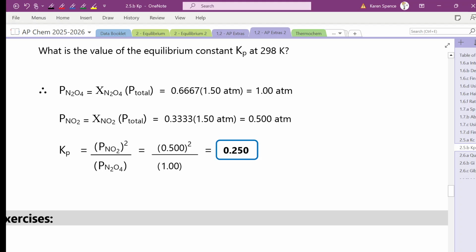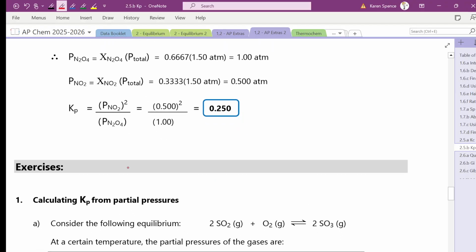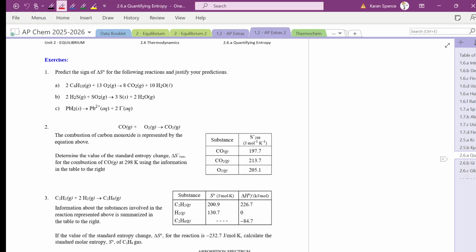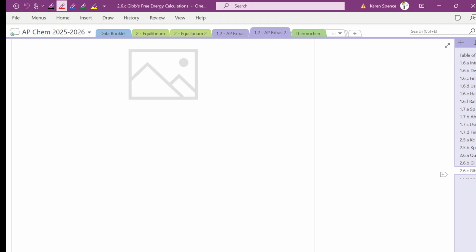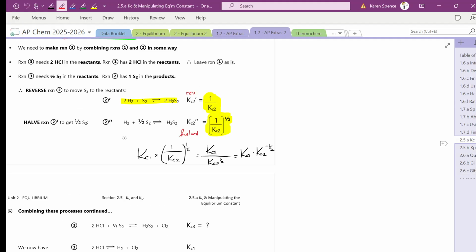All right, what I did with the other class is I gave them time to work on these exercises, or you could also work on anything from 2.6 that you haven't done yet, any of those Gibbs free energy things, or anything from 2.5a that you haven't worked on.